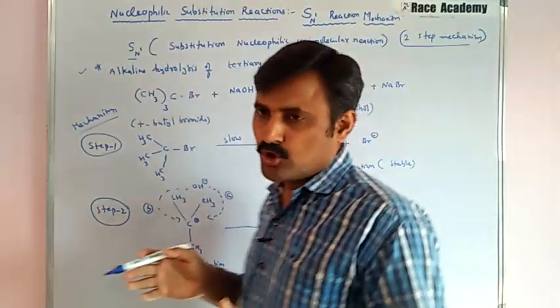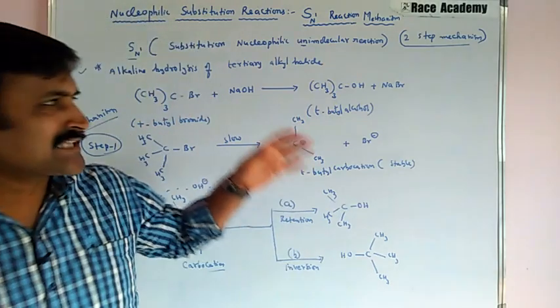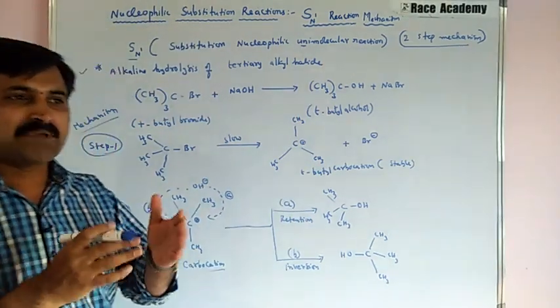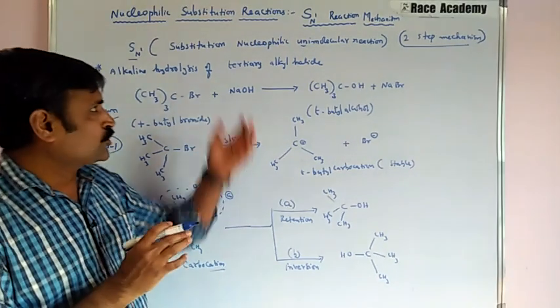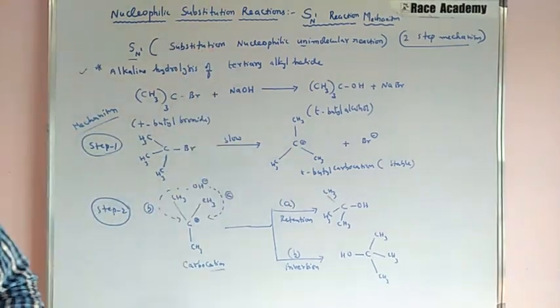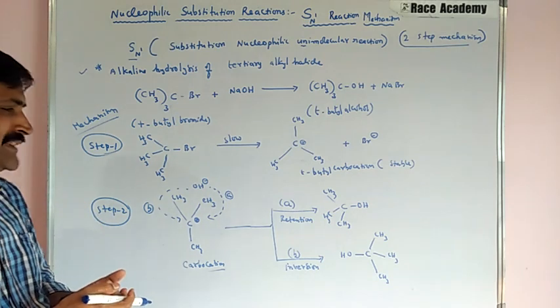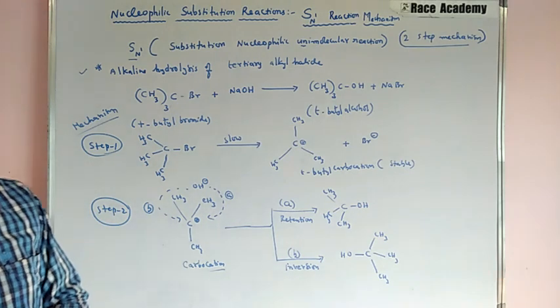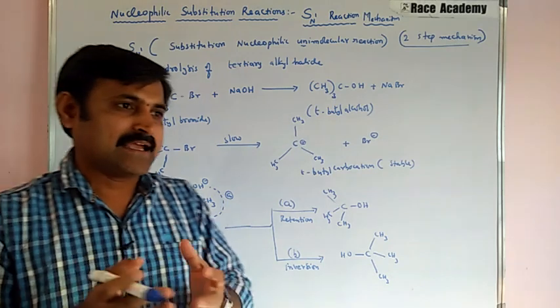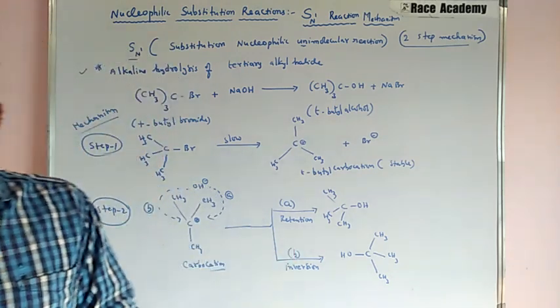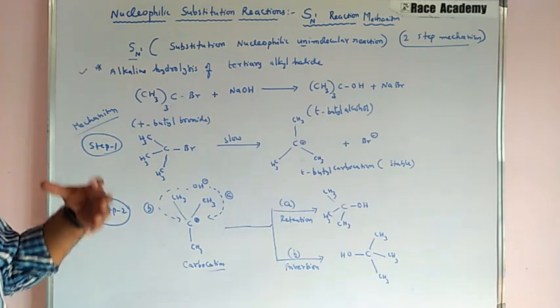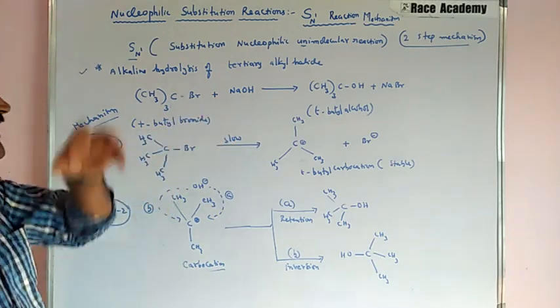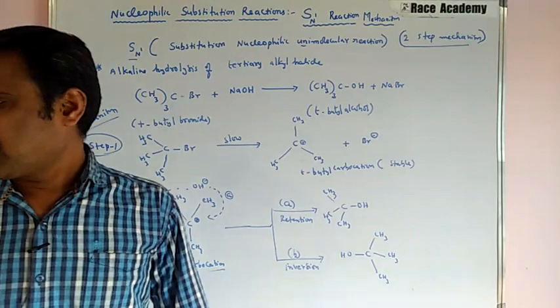That mixture we can call, in this SN1 mechanism, a racemic mixture. According to these nucleophilic reactions, I am going to tell you one thing. Whenever you take optically active alkyl halides, they also will give such results in the SN1 reaction mechanism.